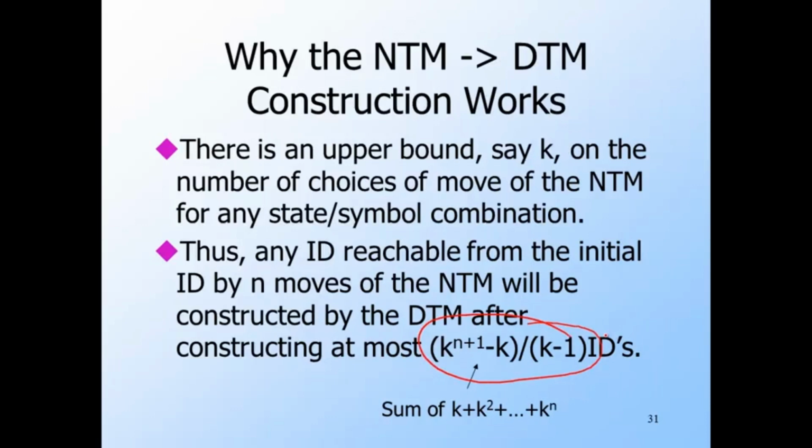The point is that k is finite and n is finite, so the number of IDs examined is finite. To see this point, notice that all the IDs reachable after one move are put on the queue before any ID that is reachable by 2 moves, and all the IDs reachable by 2 moves are placed there before we get to any ID that takes 3 moves to reach, and so on. That is, the queue is organized shortest distance first.